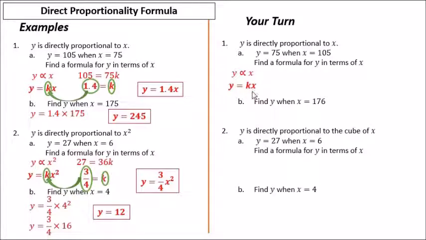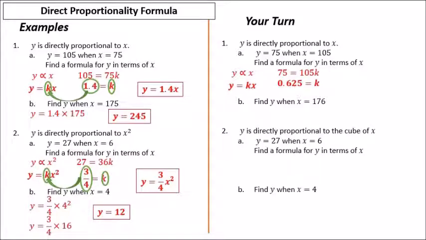So we still have y equals kx because we replace the proportionality symbol with equals k. Then we can have a look at what happens in the specific case of when y equals 75 and x is equal to 105. In that specific case, 75 is equal to 105k. Then we can divide both sides by 105 and get k is equal to 0.625.